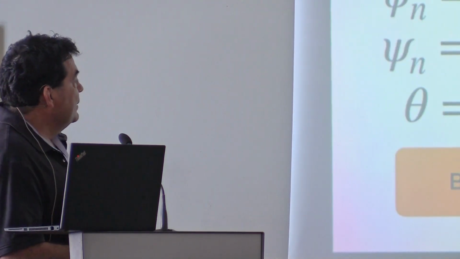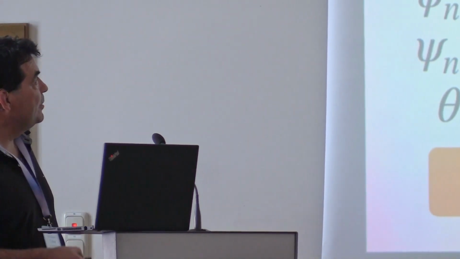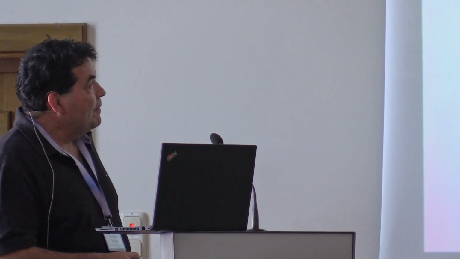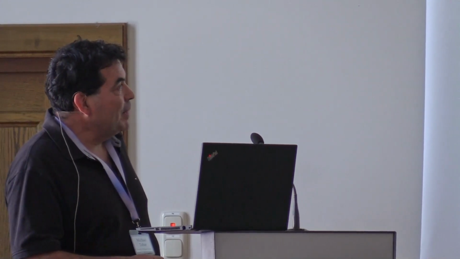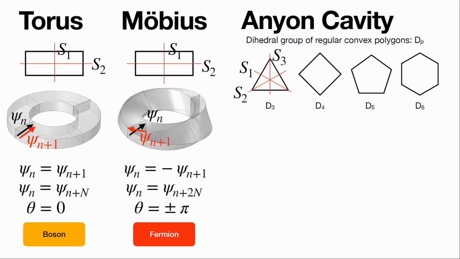So this is typically the boson. It can be a torus. The Möbius is like a fermion, but what we do is what we call an anyon. That means you can make your cross-section any sort of shape, and then if we twist it back on itself, it will have a set of discrete angles that will work at these different symmetries.